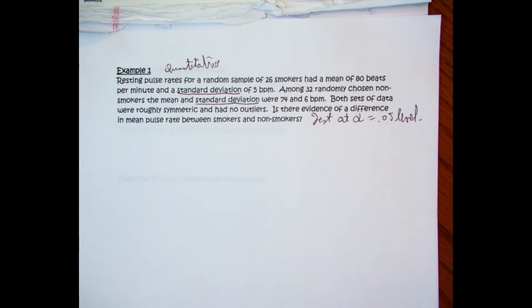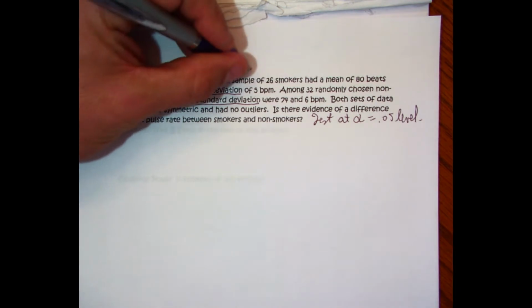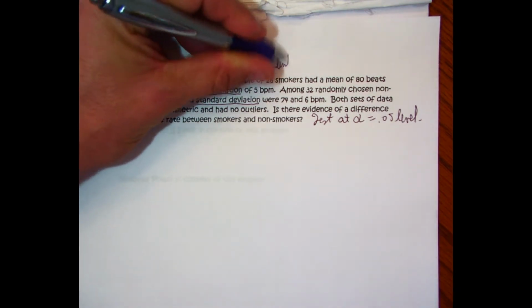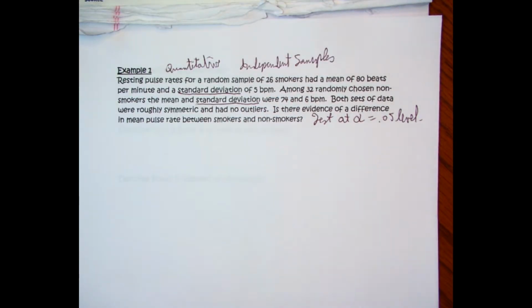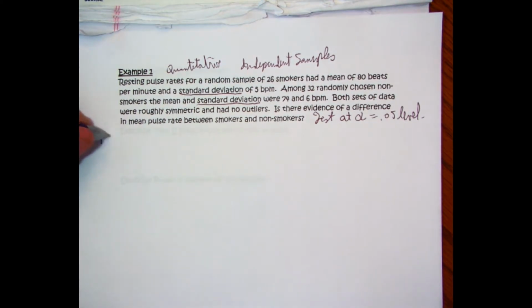Smokers fit into one category and non-smokers fit into another. So when we're talking about this characteristic in their life, these are independent samples. So we're going to do a t-test, obviously, and since we're dealing with independent samples, we're going to do a two-sample t-test. So now we have two different parameters. We're going to have smokers and non-smokers.